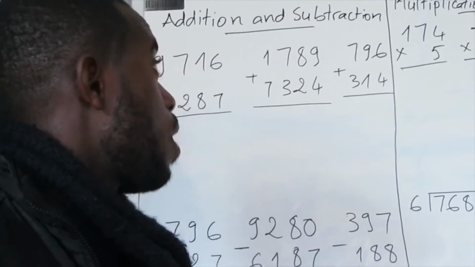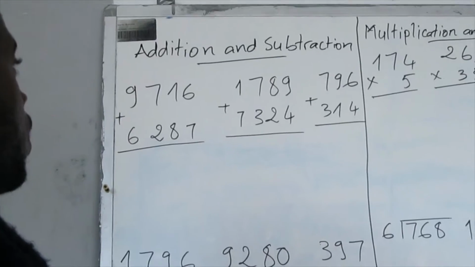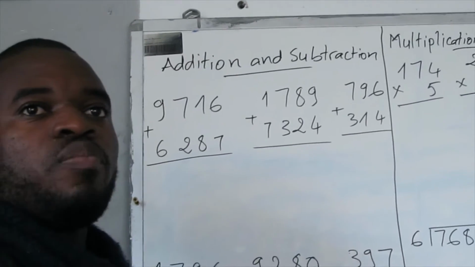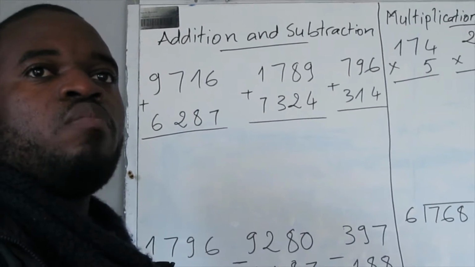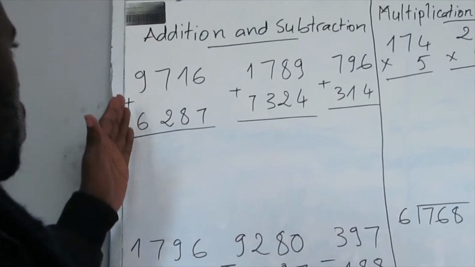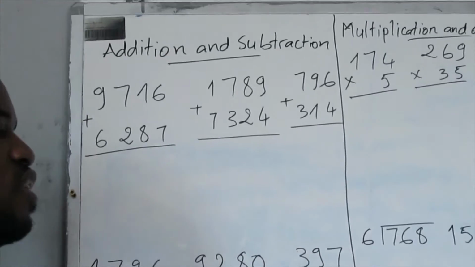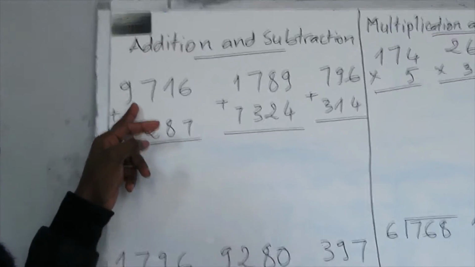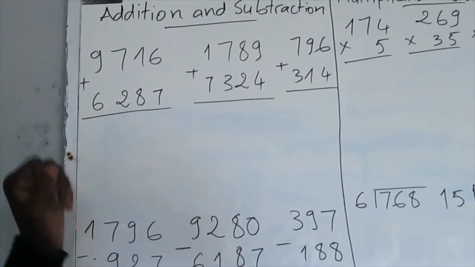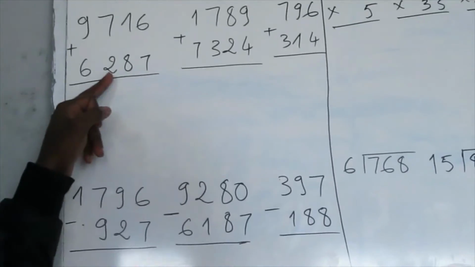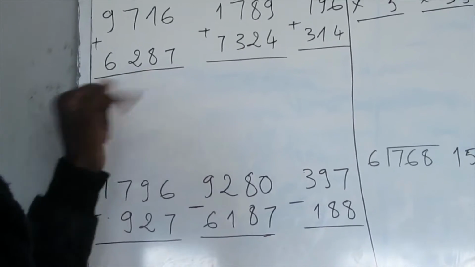So today we are busy with addition and subtraction, how to add and subtract nicely without making mistakes. In the first example that we have here is 9,716 plus 6,287.